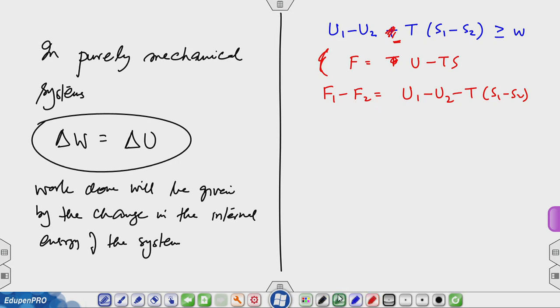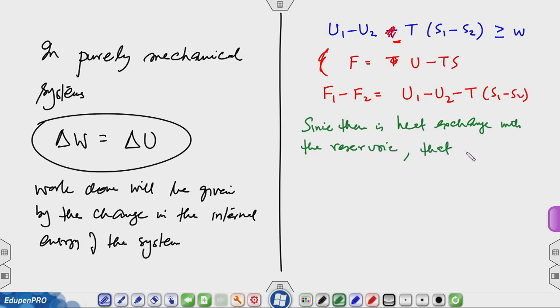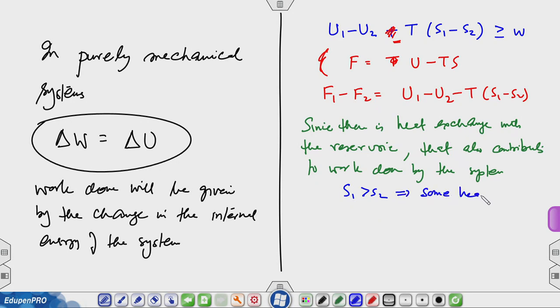Now, what is happening is, since there is heat exchange with the reservoir, that also contributes to the work done by the system. So suppose S1 is greater than S2. This will imply some heat has gone to the reservoir, and that means the work done will be less than U1 minus U2.